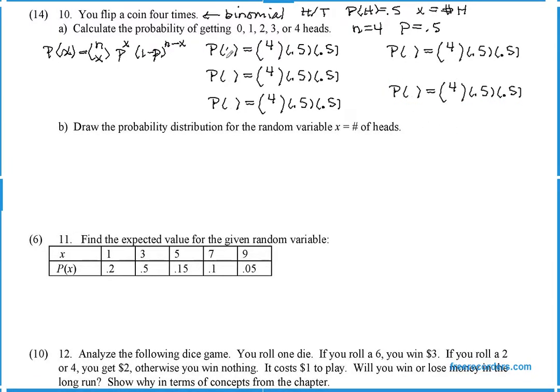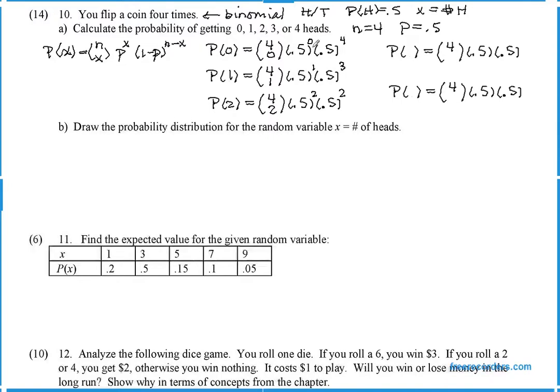So here we're doing probability of 0, so this will be 4 choose 0, and this exponent is 0, and this one has to add up to 4, so 0 and 4. Probability of 1 head, this would be 4 choose 1, first power here, and then cube here, because these have to add up to 4. Probability of 2 is going to be 4 choose 2, this will be a 2, and then these have to add up to 4, so 2.